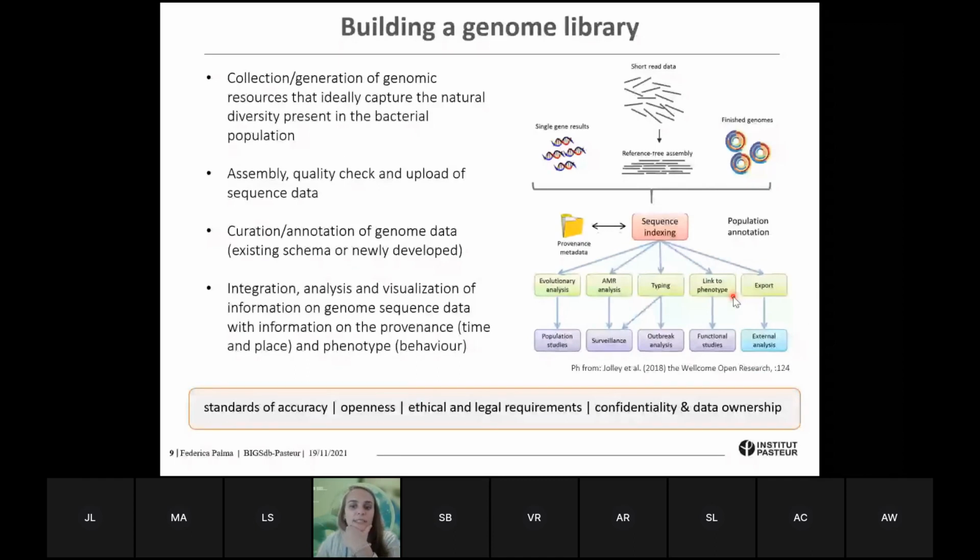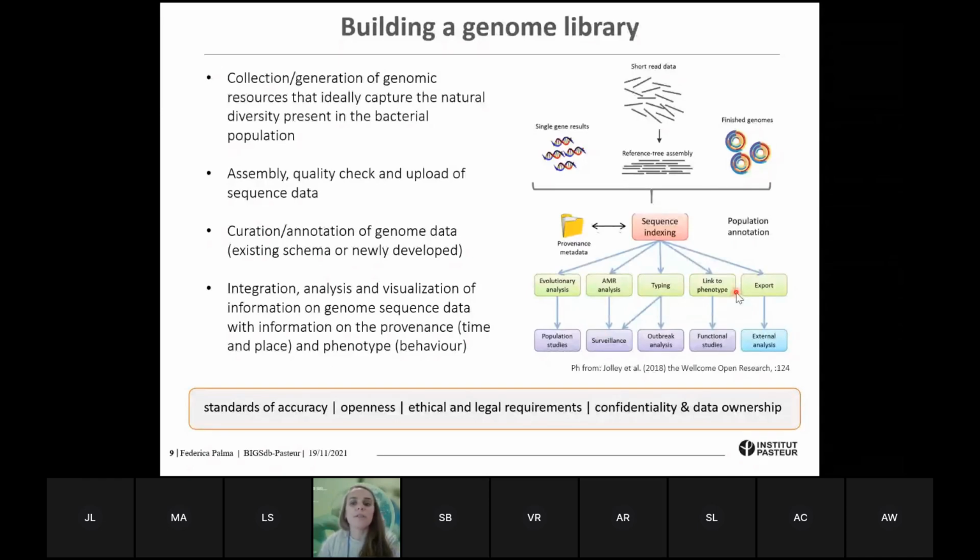So all of these steps require a sustainable infrastructure and need to be achieved in line with appropriate standards of accuracy and openness, while meeting the ethical and legal requirements for confidentiality and data ownership.